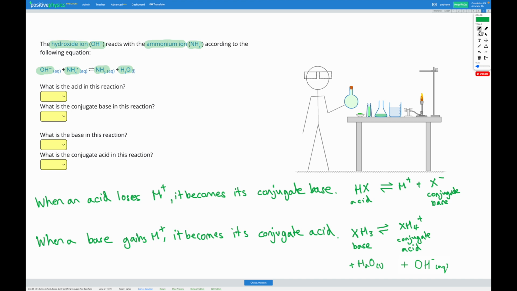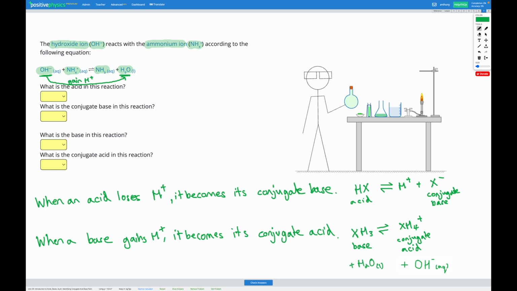So let's look at OH- first. We start with OH-, we end up with H2O. So to go from OH- to H2O, we're gaining H+.